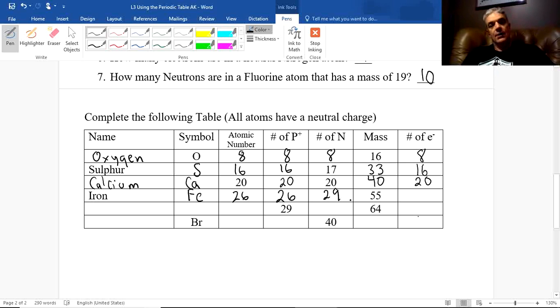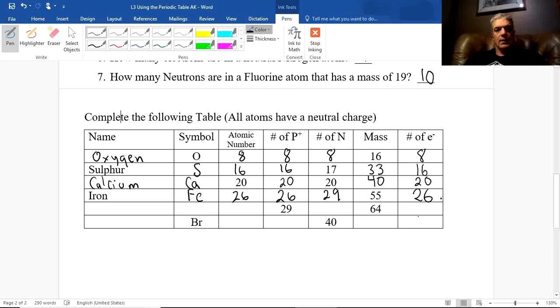Now, another way is just pick a number that you think is close. You could put 26 in and go 26 plus 26 is 52. That wasn't big enough, so I had to go 28 and then 29, and you eventually get there, okay? So 29 neutrons in this particular case. And again, the number of electrons will be equal to the number of protons if we are a neutral charge. So this is going to be 26.